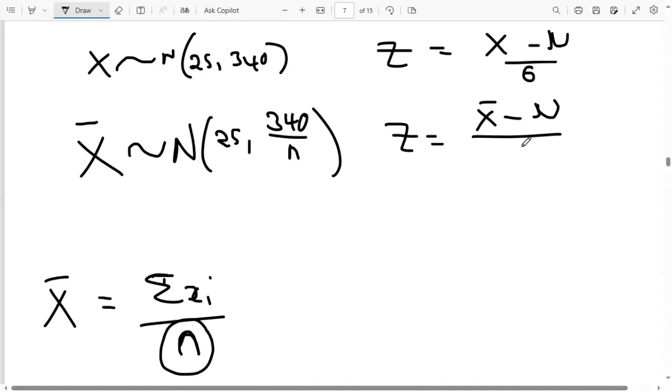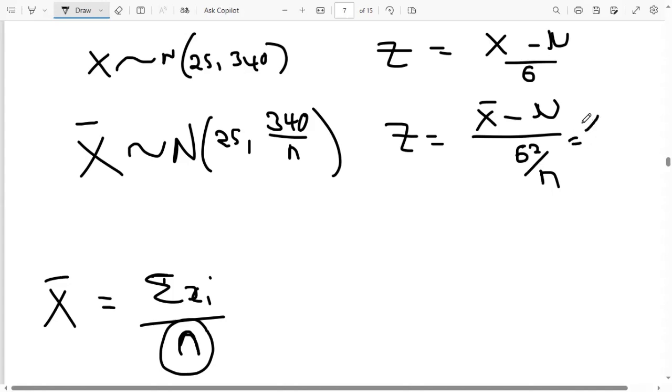So this guy here, we are dividing it by n, okay. So we're going to have here the variance, I should say, not the standard deviation, and then we're dividing it by n. So this is what we have.